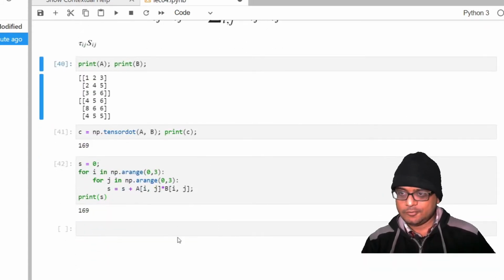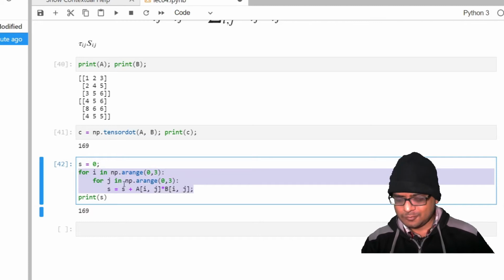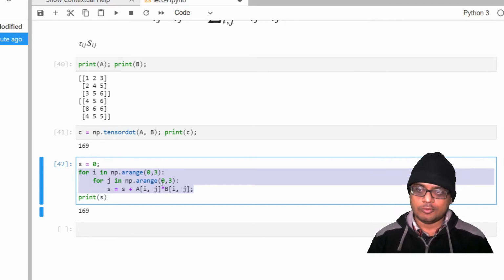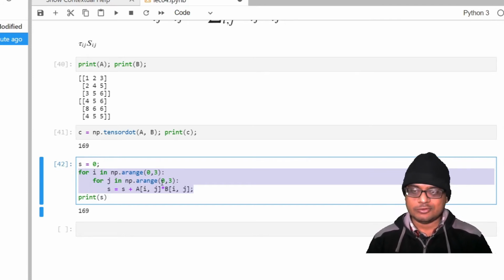So yet another way of quickly finding out this tensor dot product is using vectorization. We've made use of two loops over here, and obviously in Python you want to avoid using loops. You want to vectorize your code. You don't want to make explicit declarations of loops.